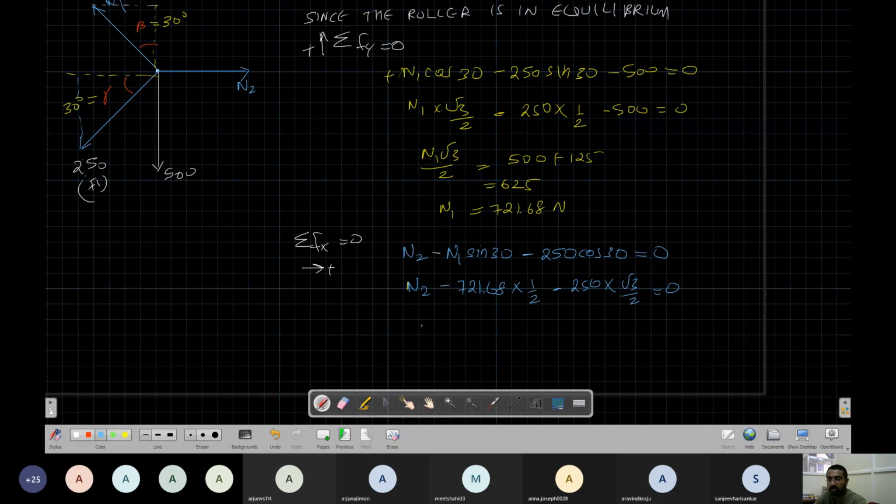Okay, so this gives me N2 minus, so what is the value? 721.68 by 2, 577.34 equal to 0. So that means N2 equal to 577.34 Newton. Okay.